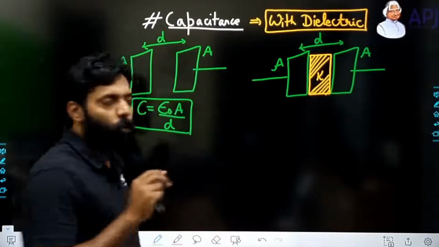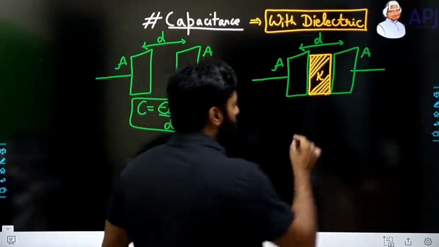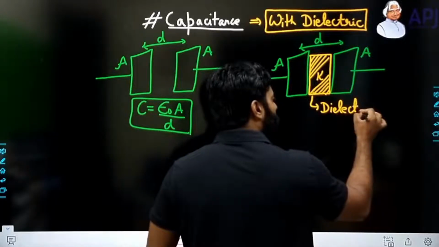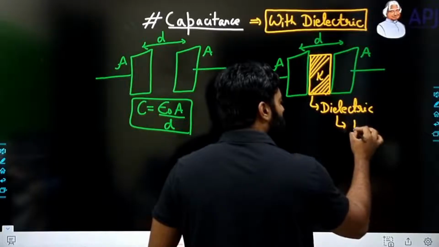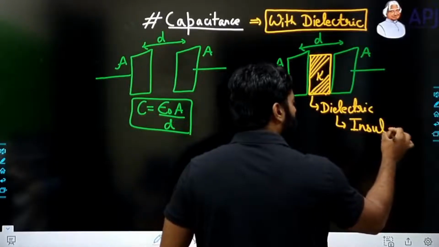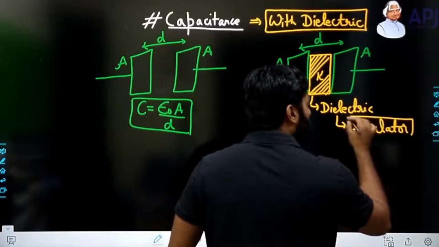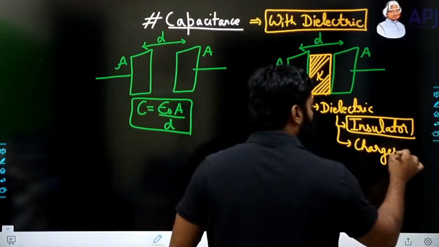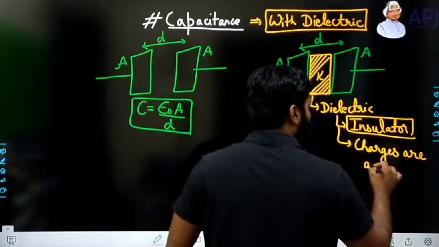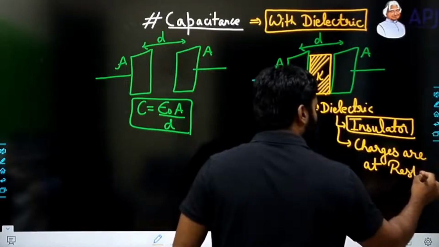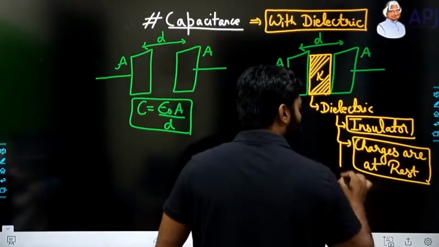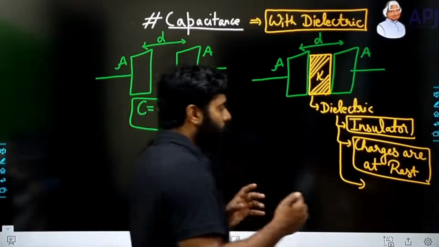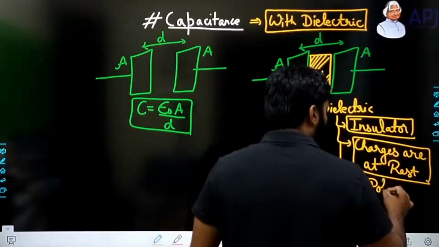What is a dielectric, sir? A dielectric is basically an insulator where charges are at rest, or you can say polarized. Insulator is dielectric.